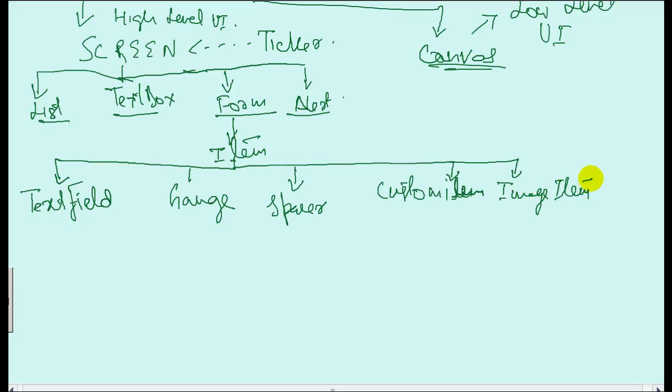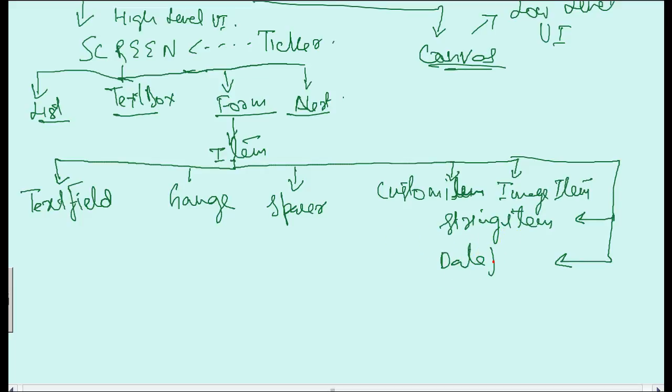We may have a string item, or we may have the date field. We may have a choice group, and the container is the form.